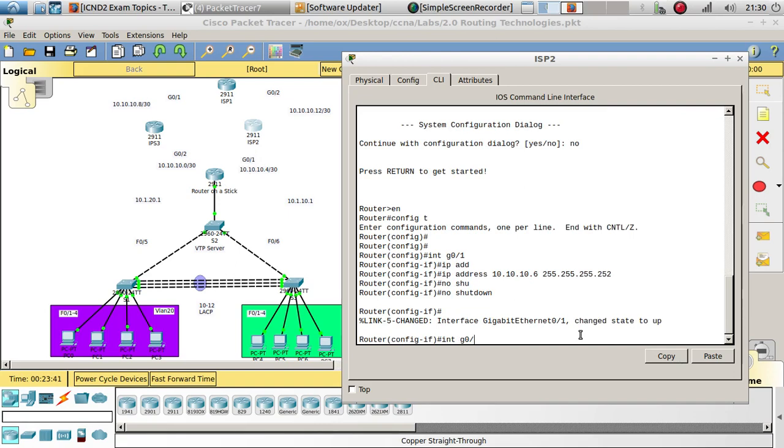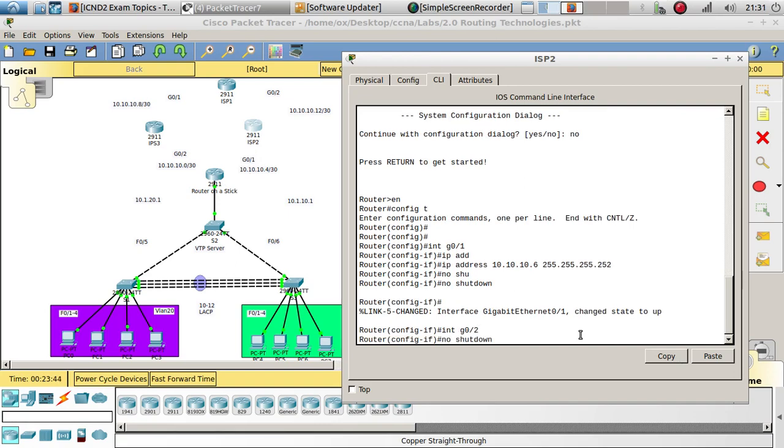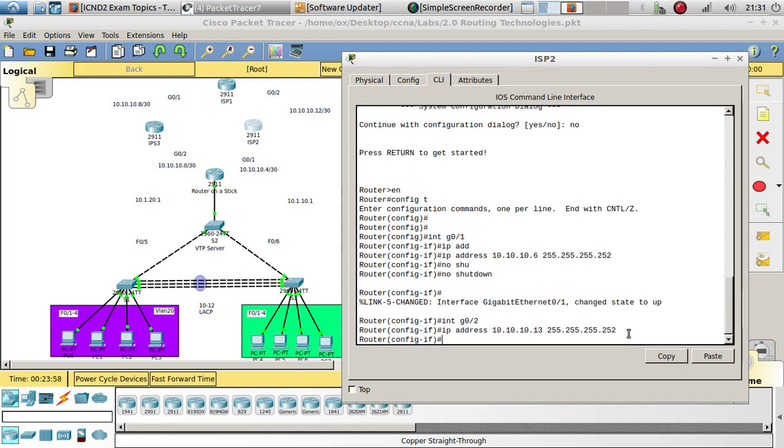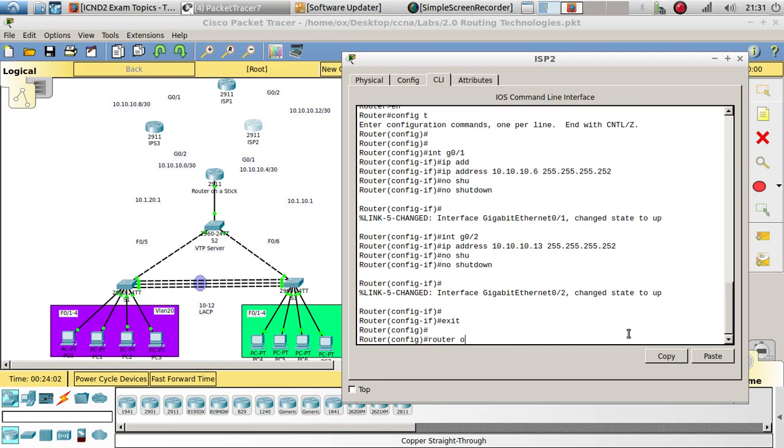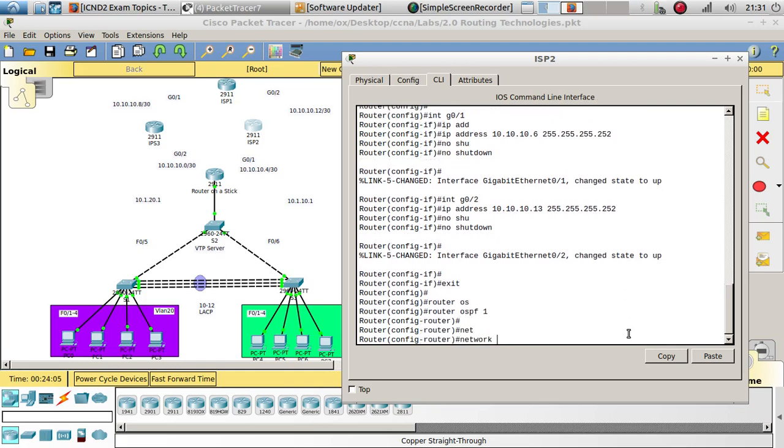Now let's go ahead to this interface over here, and now let's go ahead and configure 10.10.10.13, right? Which is the first usable IP address on this subnet. Let's do no shutdown. Now let's go ahead and add this router OSPF process ID of 1. We need to add 2 networks over here, and the 2 networks are 10.10.10.4 and 10.10.10.12. Let's go ahead and do that.